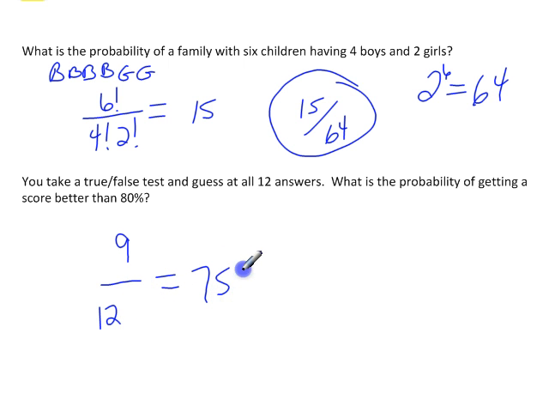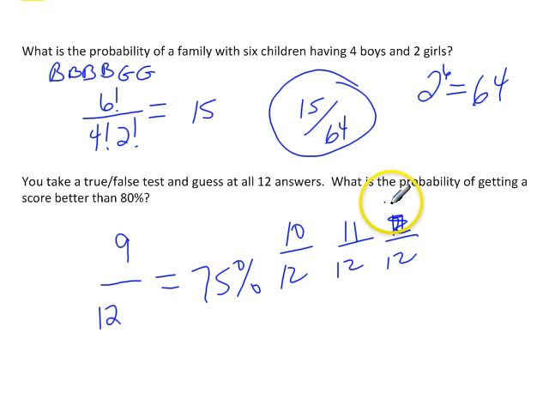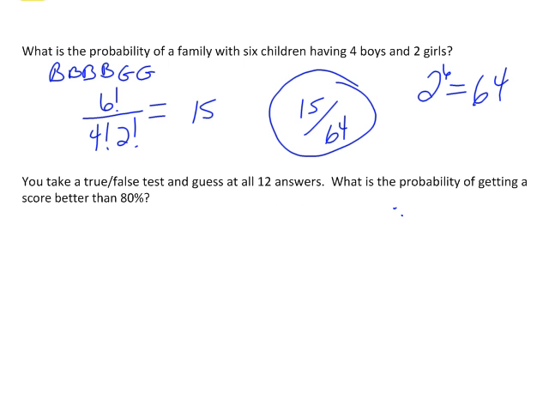That's a 75%. But we wanted to get a score better than 80. So if you continue and do 10 over 12, 11 over 12, and 12 over 12, you'll find that all of those have a score higher than an 80. So we're looking to get 10, 11, or 12 correct.